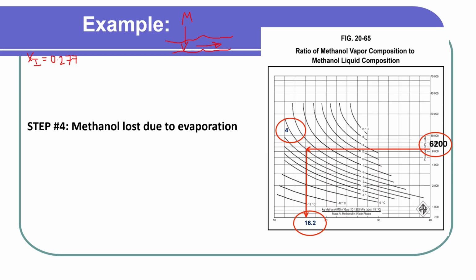So now I need to calculate the flow rate of the inhibitor, or how much methanol I need to inject on a daily basis. I can calculate this simply by finding the mass flow rate of water and multiplying it by Xi of the inhibitor divided by 1 minus Xi.